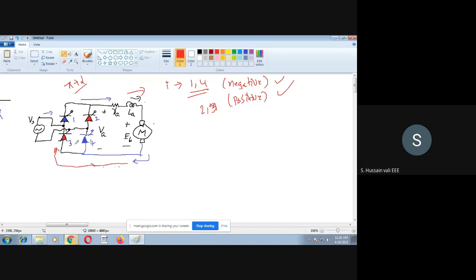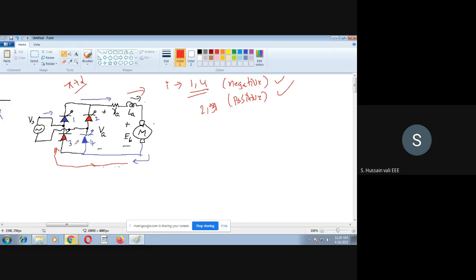So 1 and 4 have negative voltage, whereas 2 and 3 have positive voltage. So it's easier to conduct through 2 and 3 compared with 1 and 4. Immediately, without doing anything else, the current will take this diversion through 2 and 3, leaving 1 and 4 with zero current.